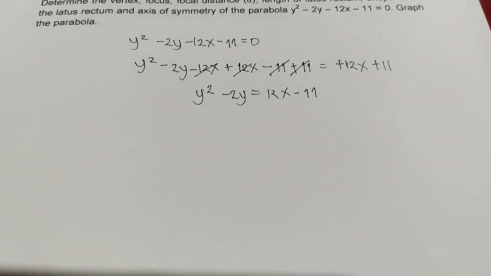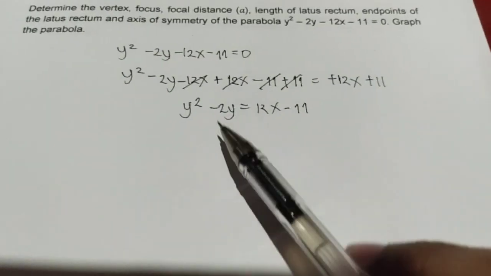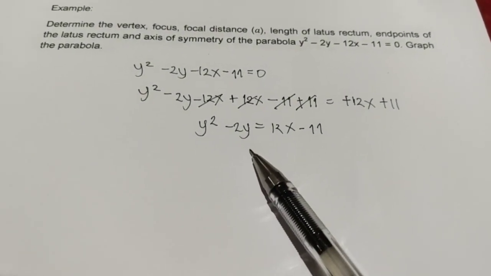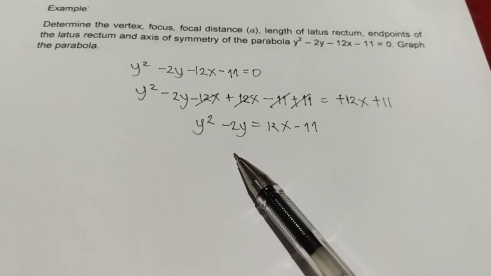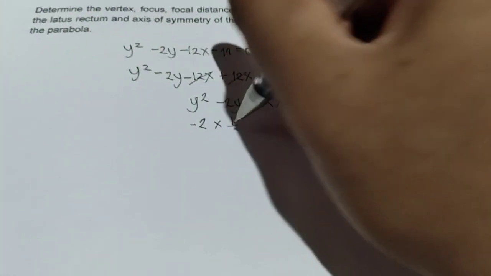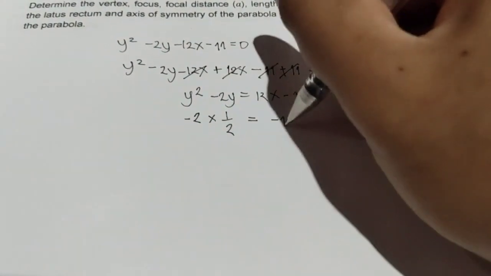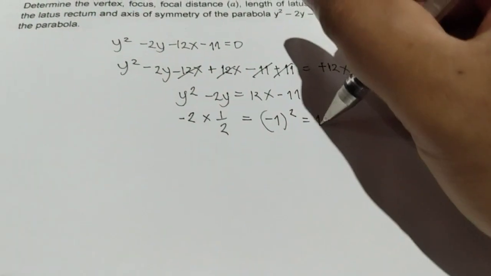The next thing we should do is to complete the perfect trinomial here, y squared minus 2y. So we are going to do completing the square. To complete the square, we multiply negative 2 times 1/2, that is negative 1, and then we square it, and that is 1.